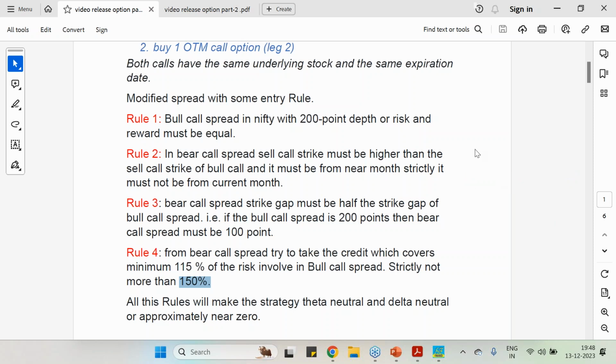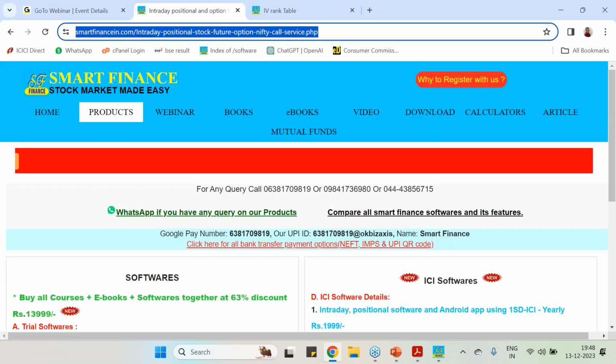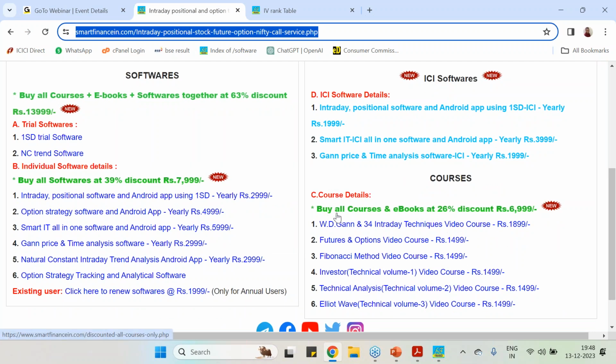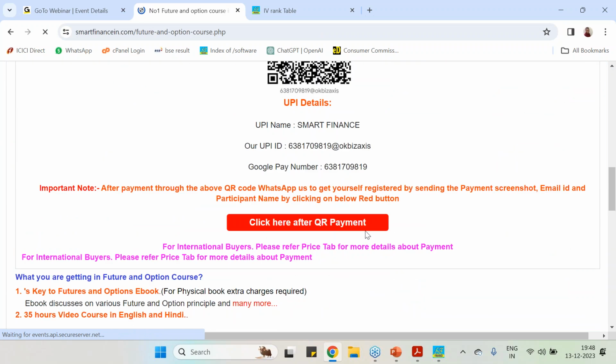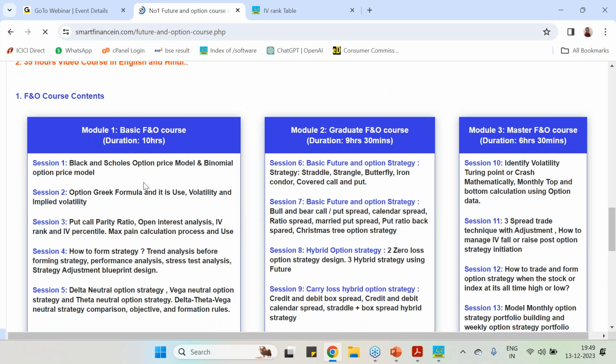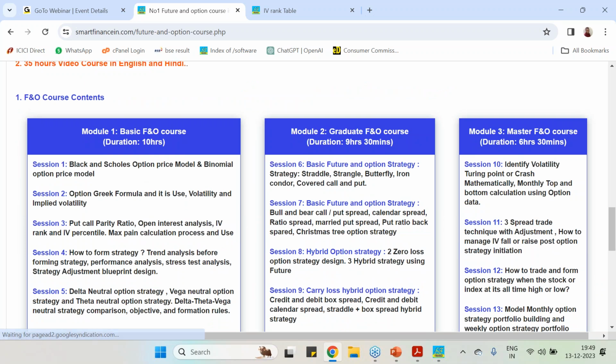So that is what we promote in Smart Finance. Whenever you go with the Smart Finance courses, all our courses are in that direction. The Futures and Options course is 44 hours. The way you learn today, the same way all these strategies are explained.